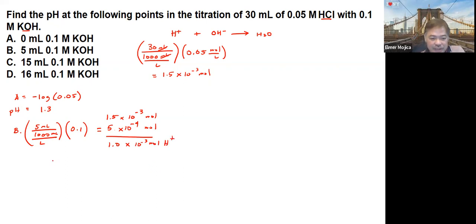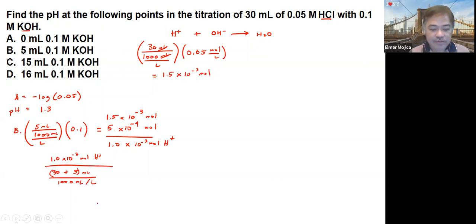So you get that number of moles of H+, and then you divide it by the total volume, which in this case is 30 plus 5 ml divided by 1,000 ml per liter. Doing this, you're going to get a concentration of around 0.029.